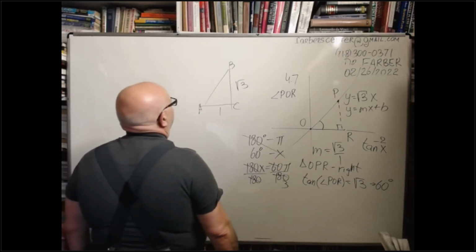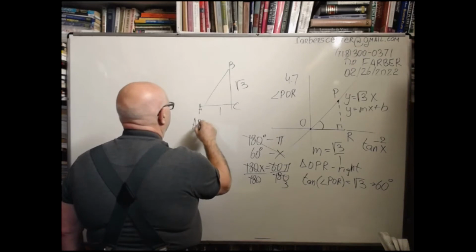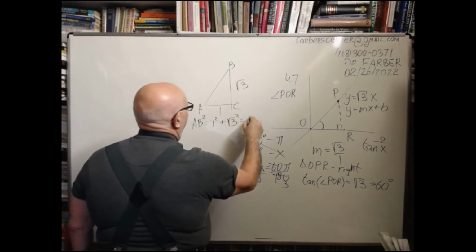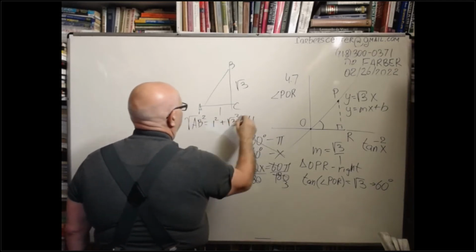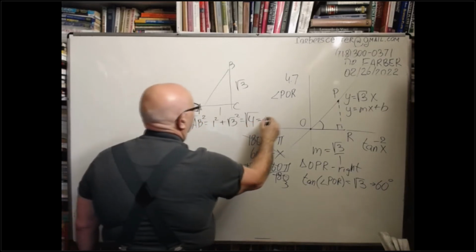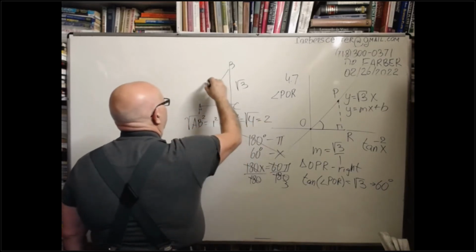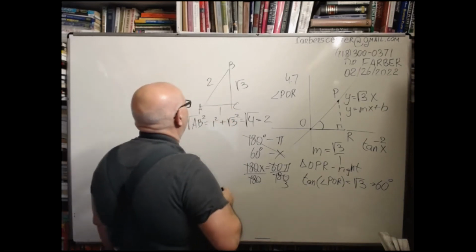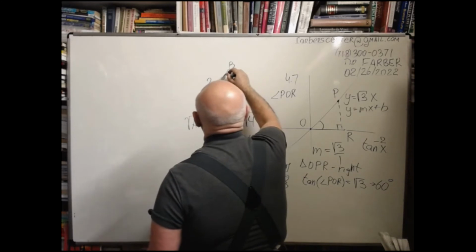AB squared equals 1 squared plus square root of 3 squared, which is 4. Take the square root of both parts, and you get 2. So this is 2, this is 1. If this is 2 and 1, this angle is 30 degrees.